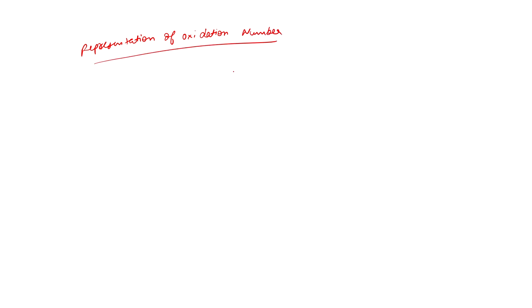The representation of the oxidation number is done by the Stock notation. What the Stock notation means is that the oxidation number is written in Roman numbers.